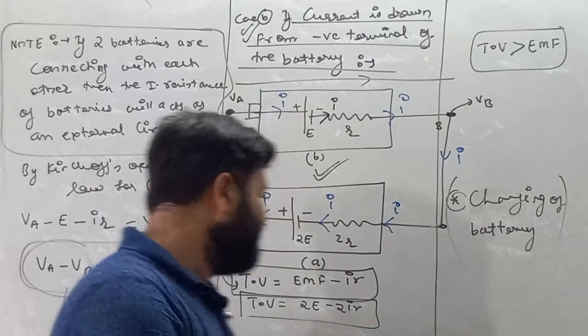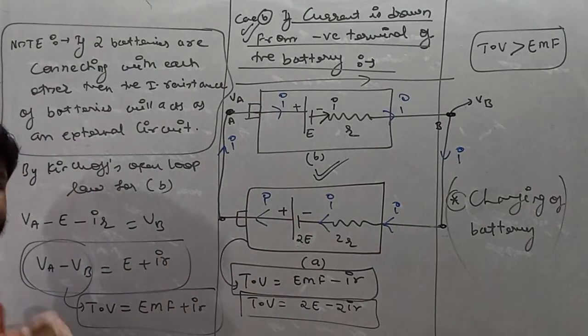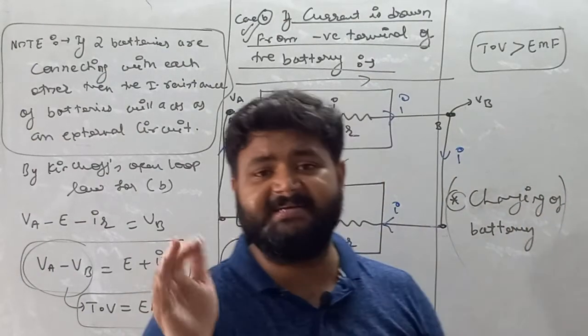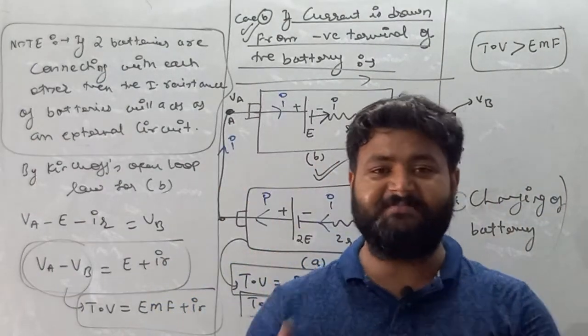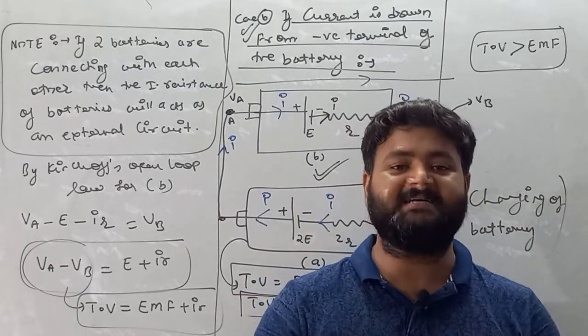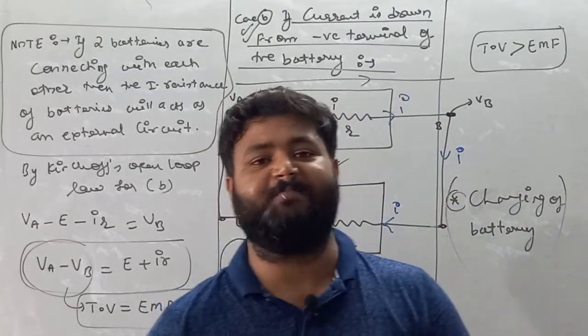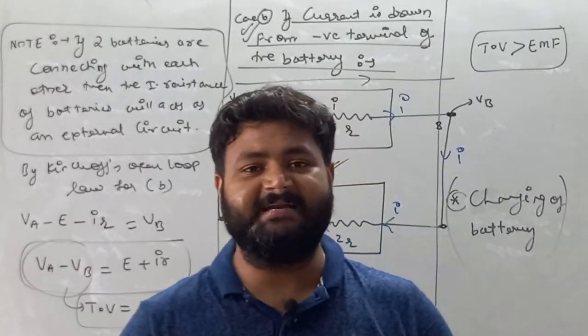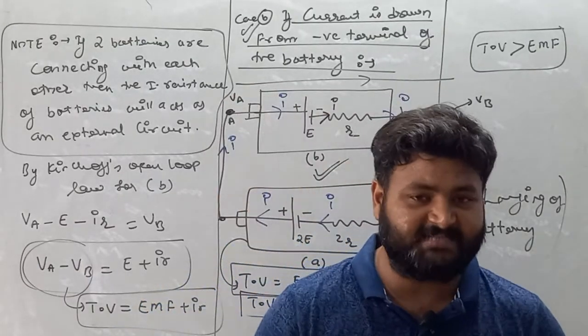In this situation, terminal voltage becomes equal to EMF plus IR, so EMF is less than terminal voltage. If EMF is less than terminal voltage, my dear student, then remember it is considered charging of the battery. And if EMF is greater than terminal voltage, then it is considered discharging of the battery.